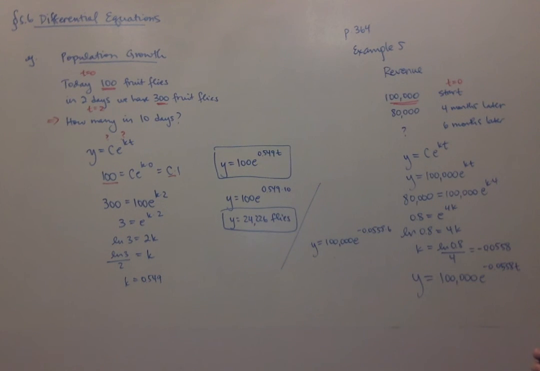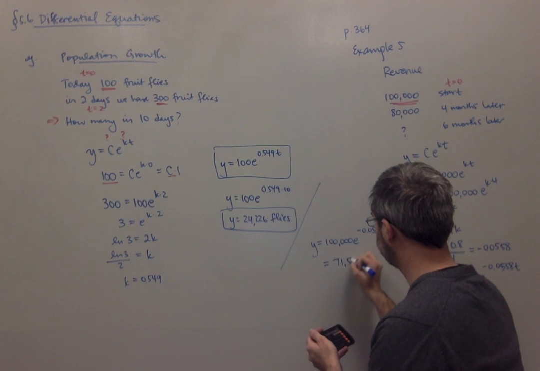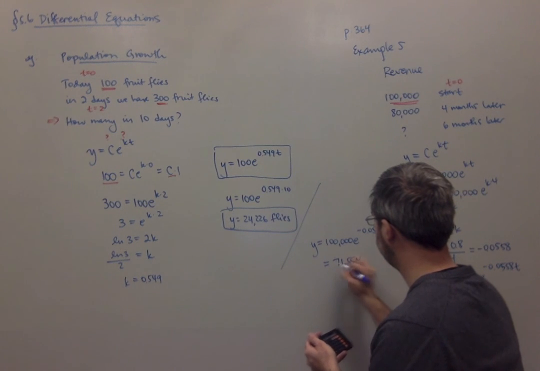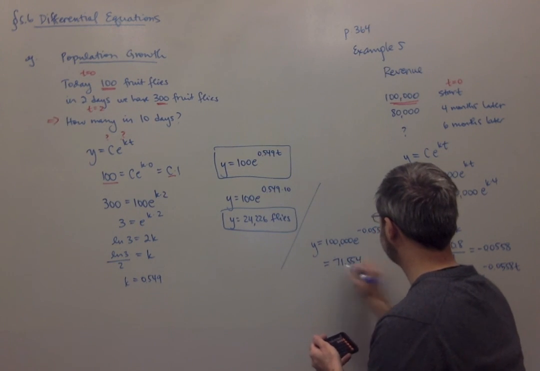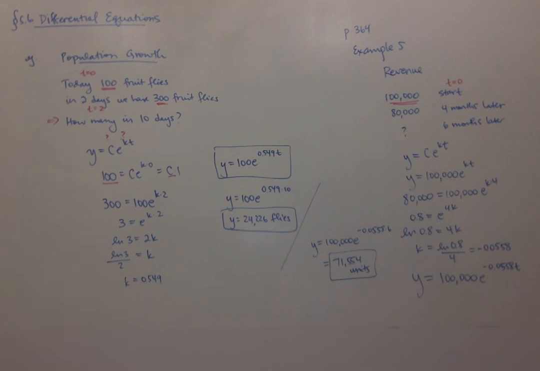So let's multiply by 6, take e to that, and then do 100,000. And what we get is about 71,554 units. So that's how many units, if it's decaying exponentially after stopping our advertising, we would be selling there.